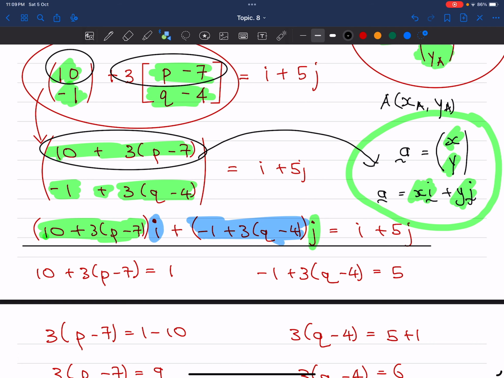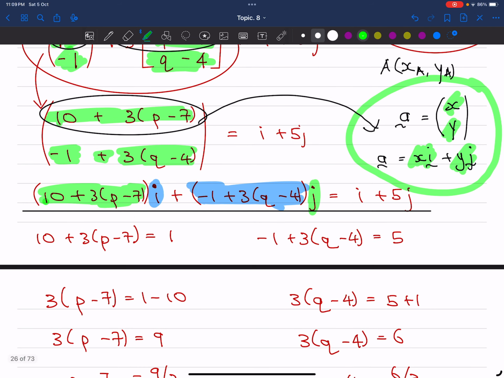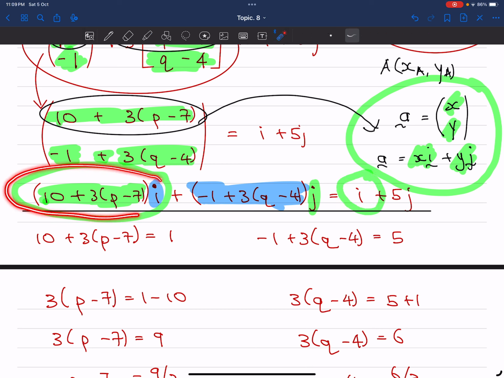Okay, now we are going to do one by one. We compare the i on the left hand side and the i on the right hand side, which gives 10 plus 3 brackets p minus 7 equals 1, because in front of the i on the right hand side is 1. This gives us this equation.